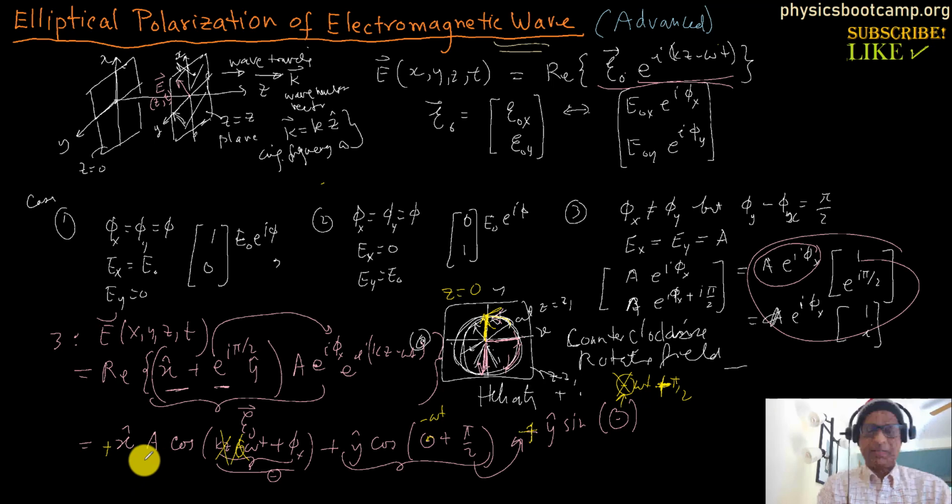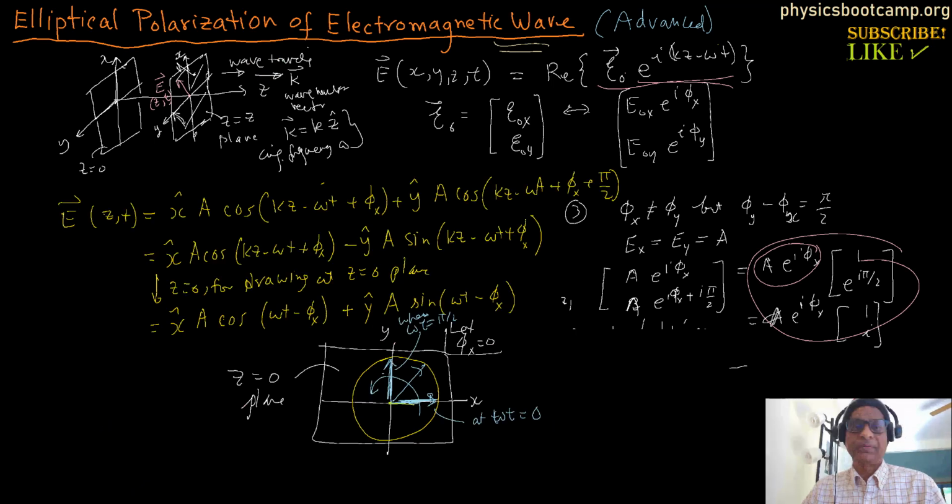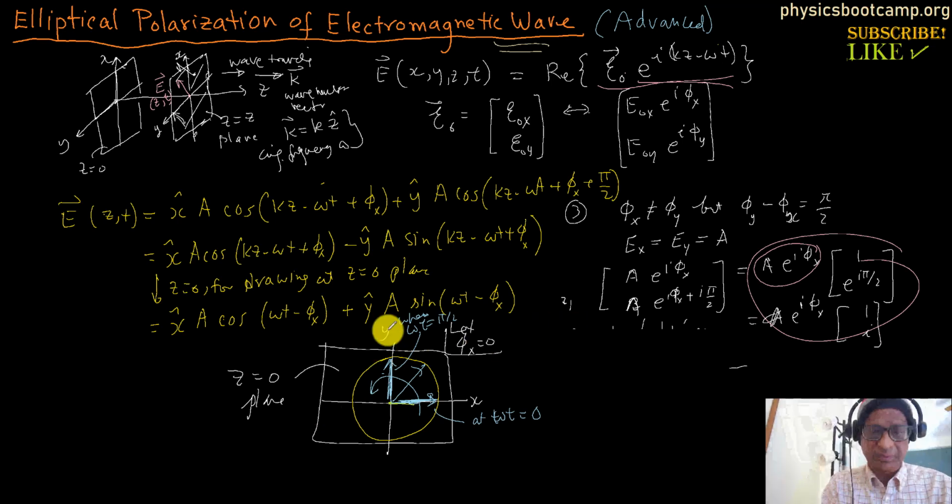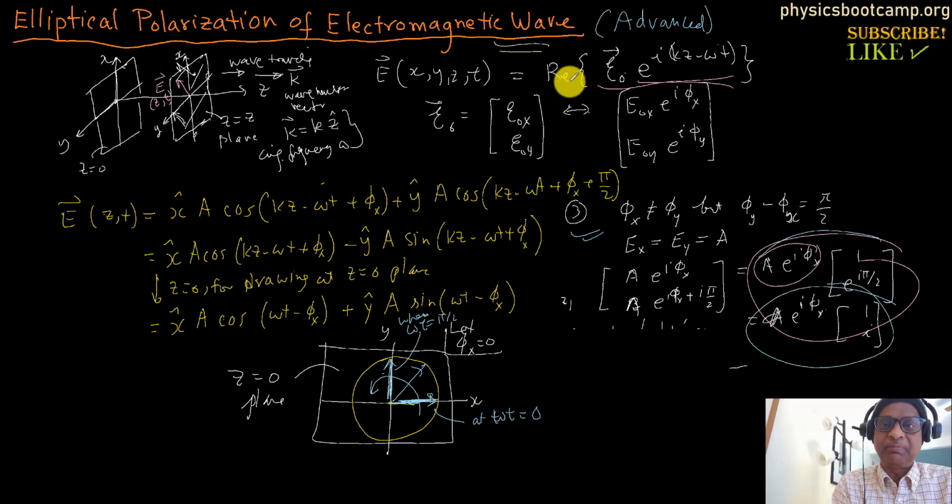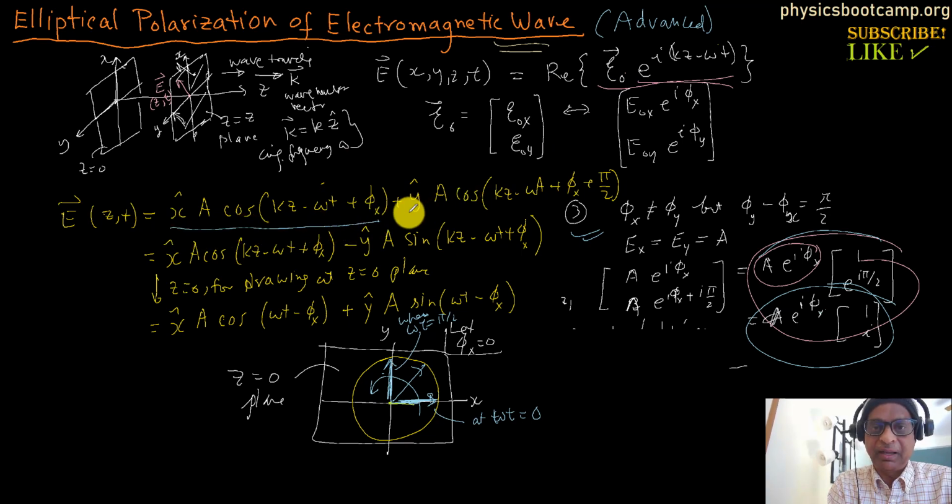So let me clean this up, because of space I got too many things down there. Let's redo this case. Starting from this, I can plug in there and get the real part like this. The real part of the x hat and the real part of the y hat are off by pi over 2. This angle is theta and this angle is theta.